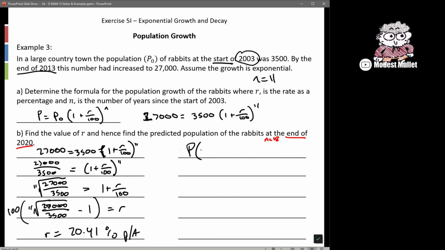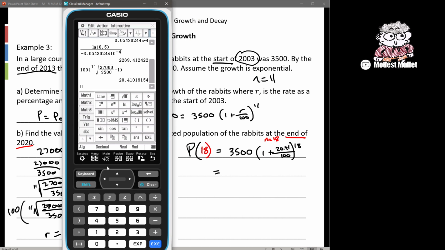So the population when n is equal to 18 is going to be 3,500 times 1 plus 20.41 divided by 100, all to the power of 18. I'll put a times symbol in this because the 3,500 is technically not to the power of 18, so we don't want to make the CAS confused.